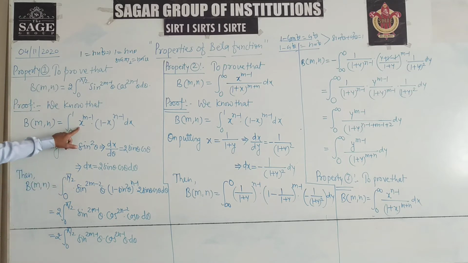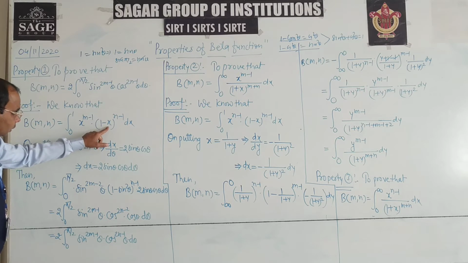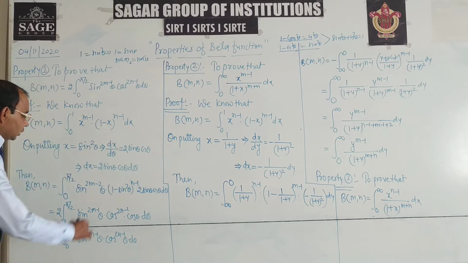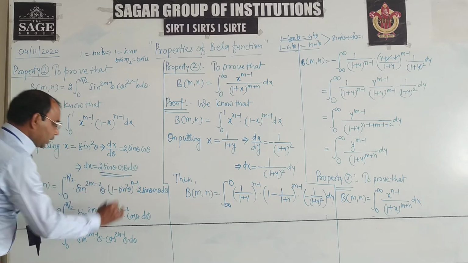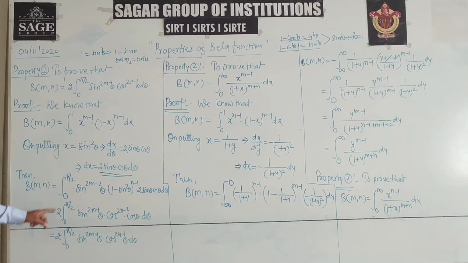Now we replace x equal to sin square theta. The power is multiplied by 2, giving 2m minus 2. 1 minus x is replaced by cos square theta to the power n minus 1. dx is replaced by 2 sin theta cos theta d theta.